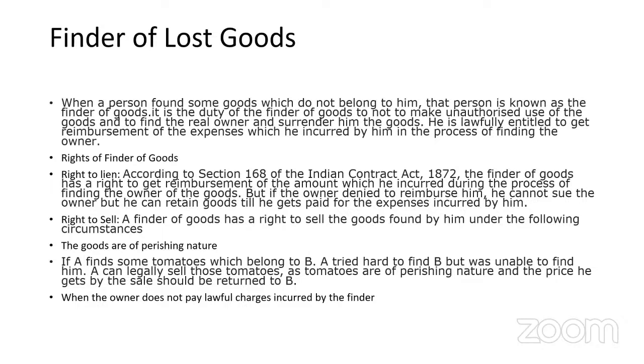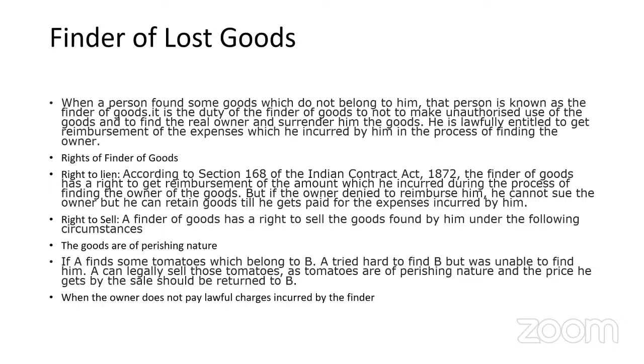Now, if the finder of goods has spent any money in the process of finding the owner, in the process of sending the goods to the owner, he has the right to recover that amount. Take, for example, I found a bag belonging to somebody else. With great difficulty, I found out the address and I sent it through courier, and I spent 400 rupees for courier charges.